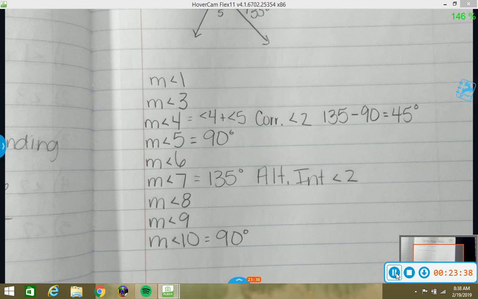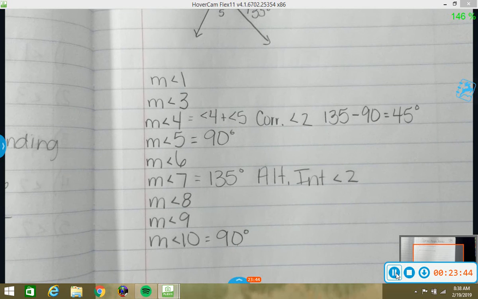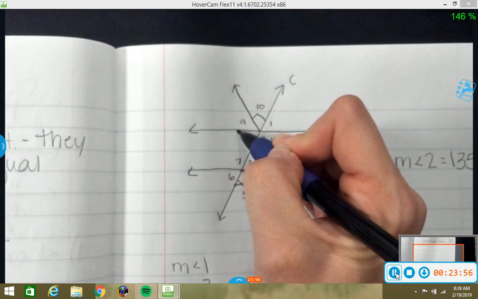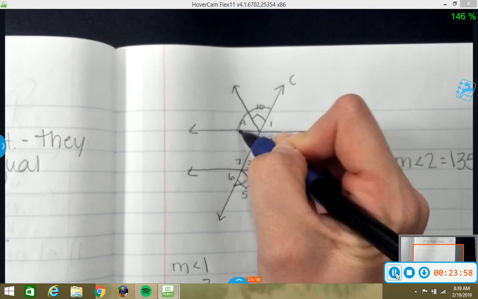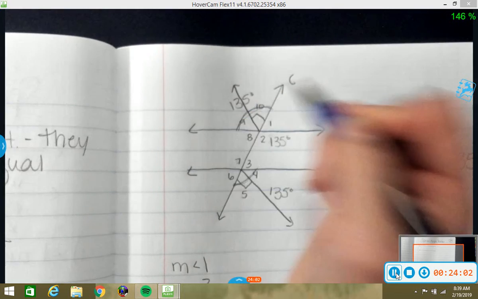All right. So we've got the alternate, we've got the corresponding. What's the one left? Vertical. So which one are we going to use for vertical? 9 and 10. So we know that angle 9 and 10 together is how much? 135 degrees.